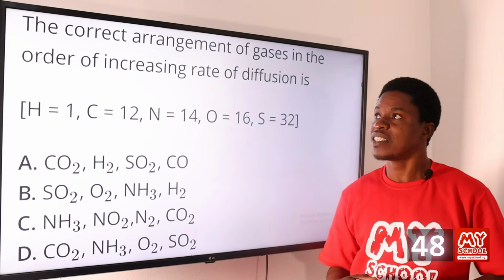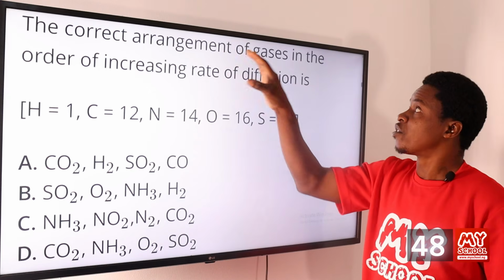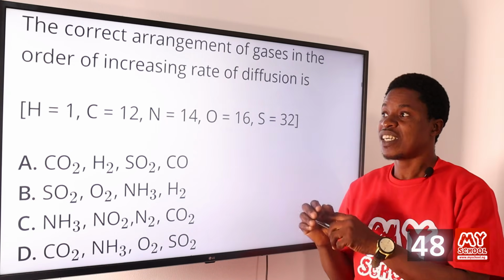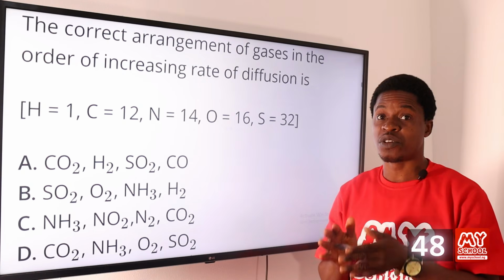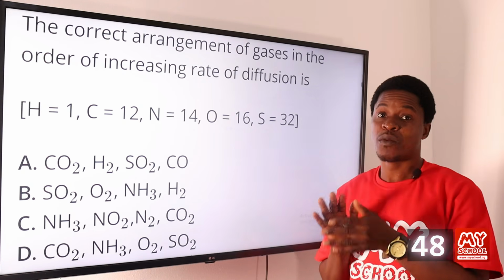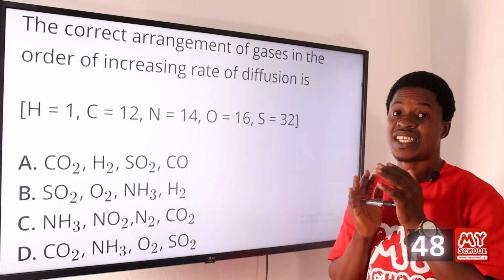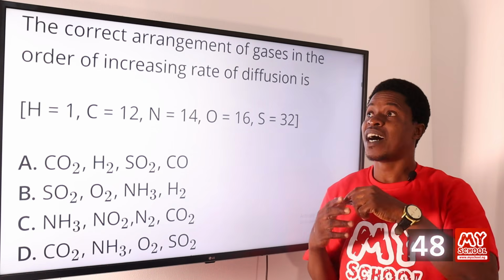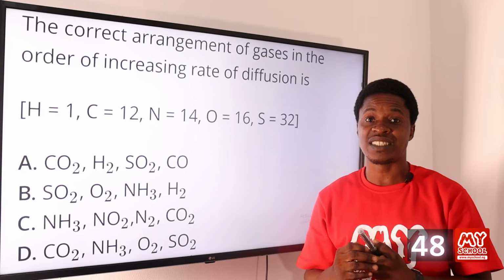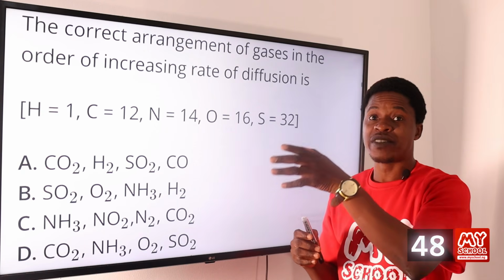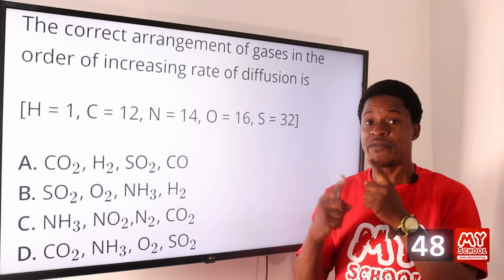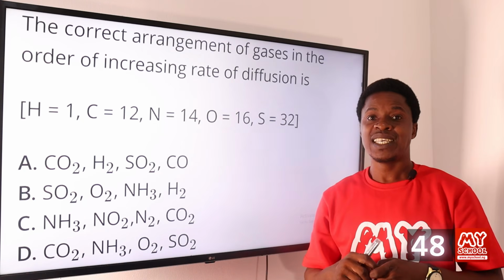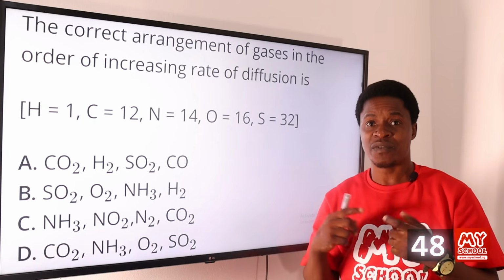Question number 48. The correct arrangement of gases in the order of increasing rate of diffusion is what? This is Graham's law of diffusion coming into play here, one of the laws we treated under the gas laws. Graham's law of diffusion states that the rate of diffusion of a gas is inversely proportional to the square root of the molar mass, or the vapor density.